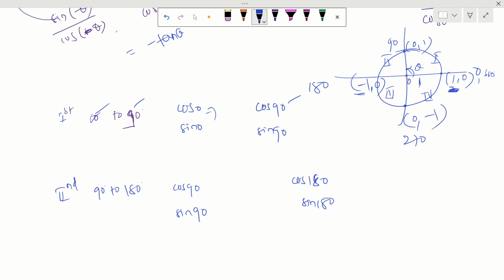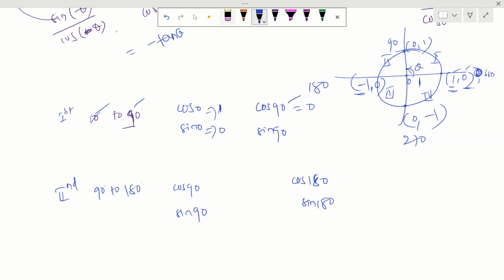Here this is the cos value and this is the sin value. In the coordinates, the first term is the cos value and the second term is the sin value. Here what is the angle? 0 angle. Cos 0 is 1 first, and sin 0 is 0.